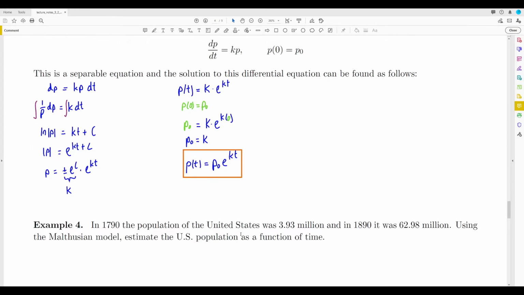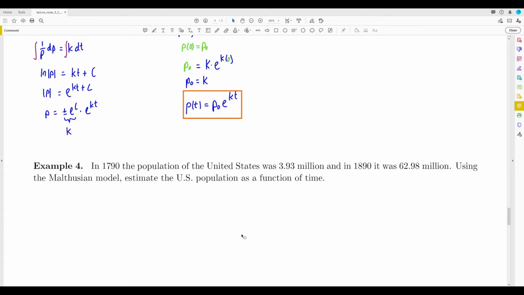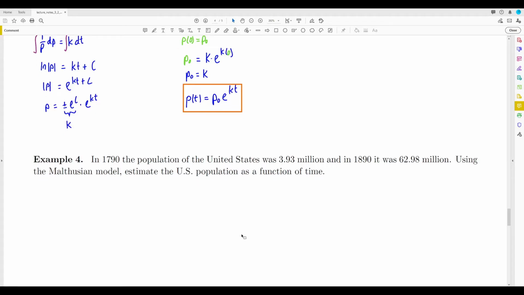Okay, so let's do an example with that. In 1790, the population of the United States was 3.93 million, and in 1890, it was 62.98 million. Using the Malthusian model, estimate the US population as a function of time.